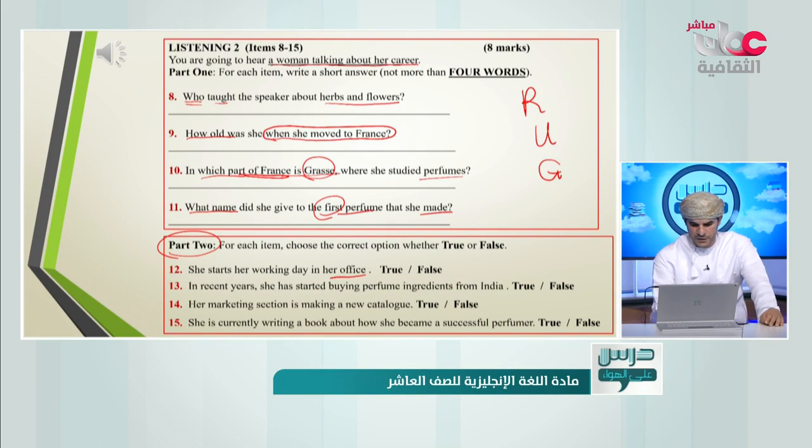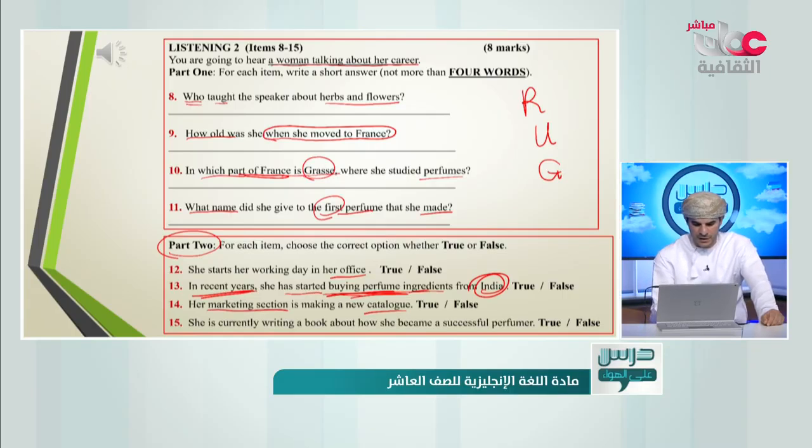In recent years, she has started buying perfume ingredients from India. Is that correct? From India or some other place? Her marketing section is making a new catalog. Is that right? Are they making a new catalog or making something else? You have to be careful when listening.